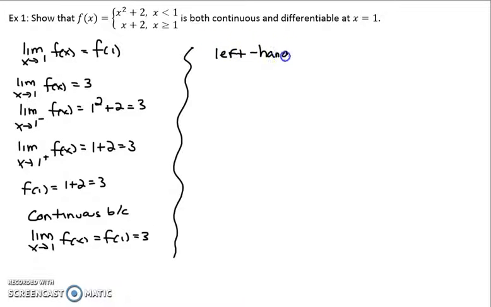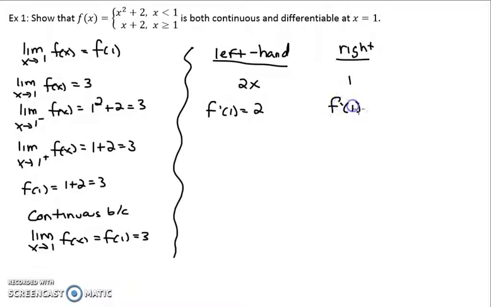So the derivative of the left side is 2x. So f prime of 1 is 2. The derivative on the right-hand side is going to be 1.